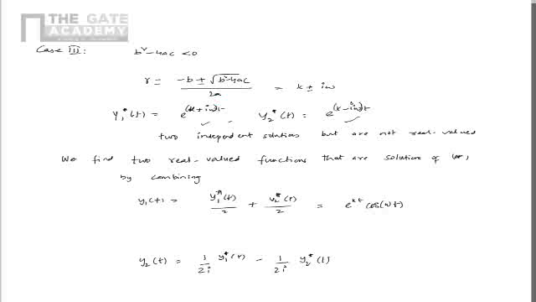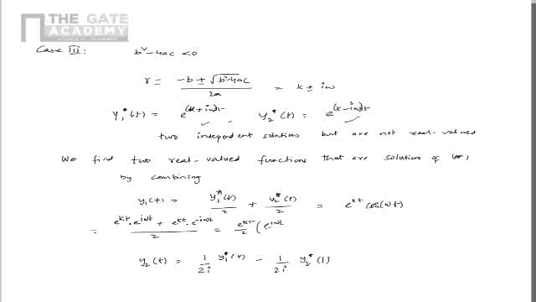The way you simplify it is e power kt into e power i omega t, plus e power kt into e power minus i omega t, divided by 2, and e power kt by 2 is a constant.